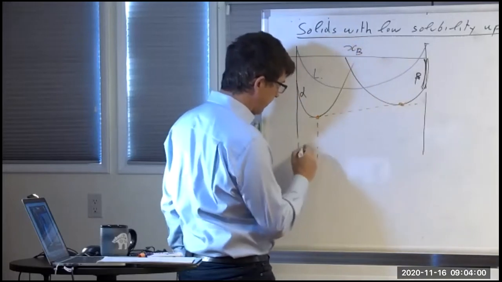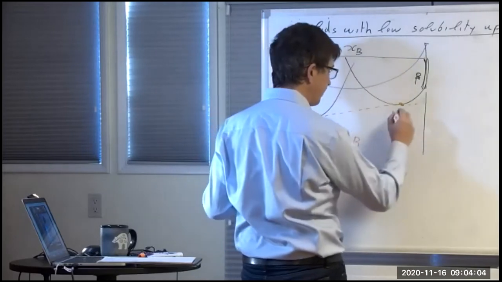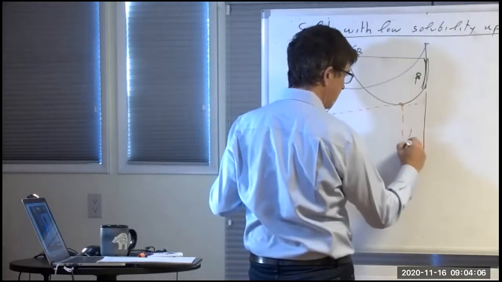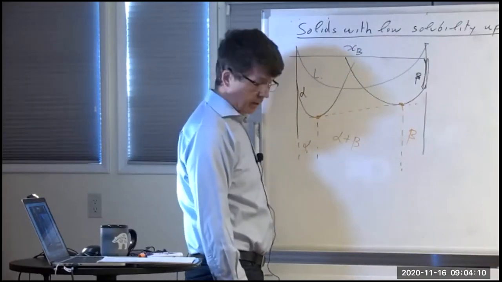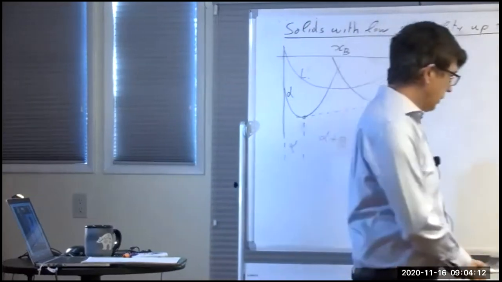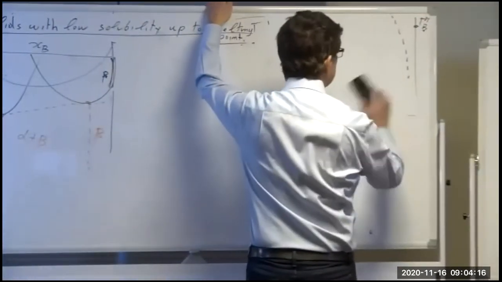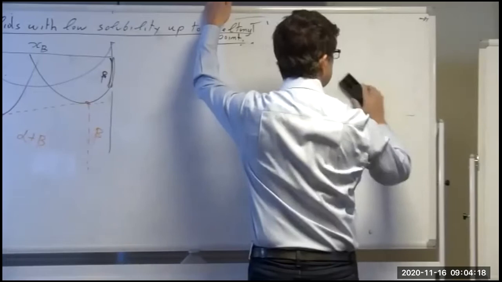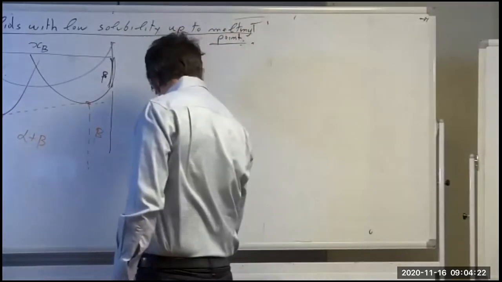So what's the phase equilibrium? You have alpha here, you have alpha plus beta here, and you have beta here. Okay? So let's now think about how the system evolves with temperature. So this is the low temperature behavior.